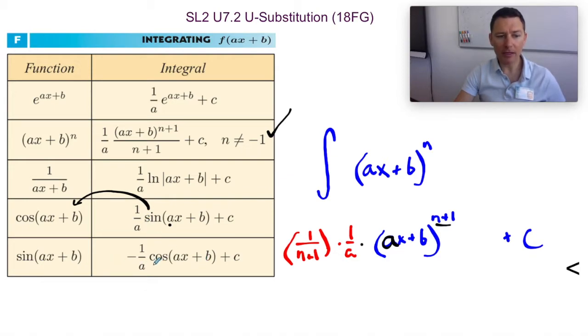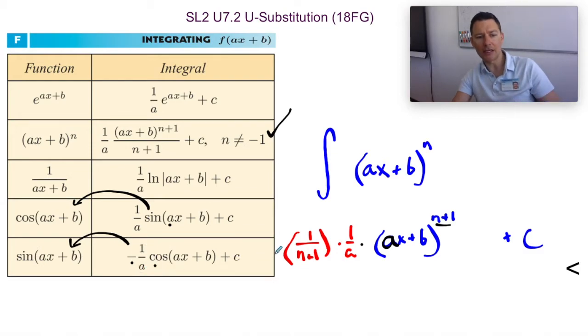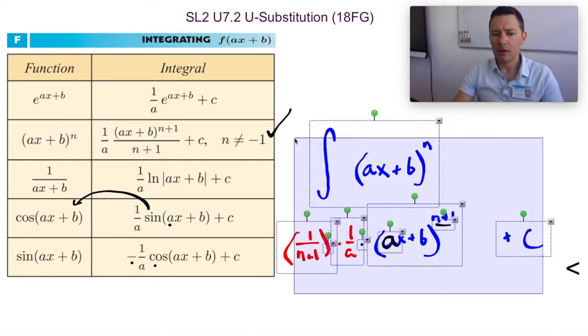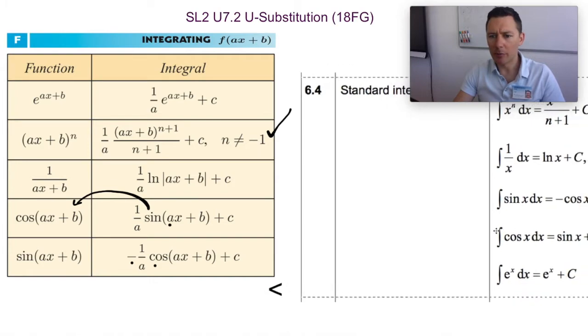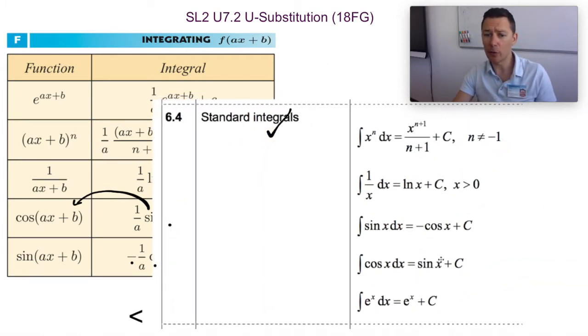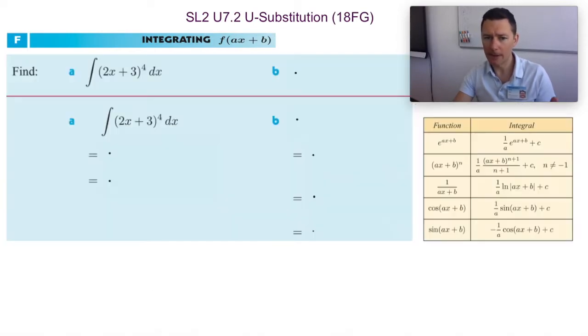Same thing with the negative cosine. Derivative should be sine, but chain rule says you'd multiply by the a, so 1 over a is there to cancel that out. This is what it looks like in your formula booklet, just in a different order, but it's the same idea.